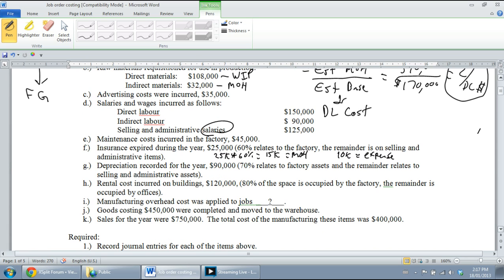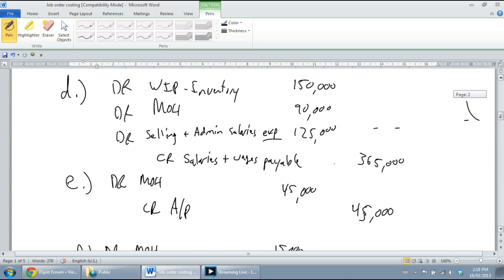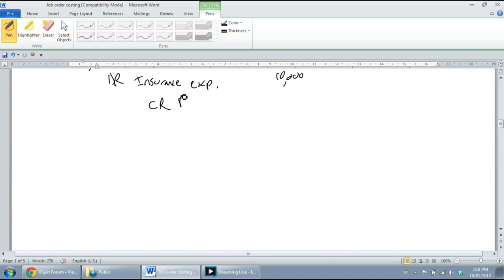You have to think back to your intro to financial accounting. Whenever we bought insurance, insurance is one of those expenses you pay for in advance. And you actually have this prepaid asset called prepaid insurance. So when insurance expires, we don't actually have to buy more until it's totally expired. As it's expiring, or as we're losing insurance, we credit prepaid insurance. So whenever you have insurance that's running out, credit prepaid insurance.